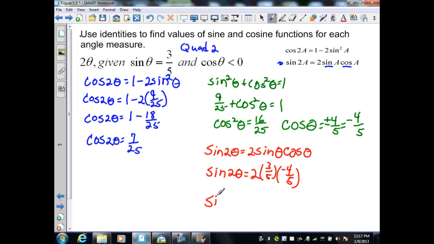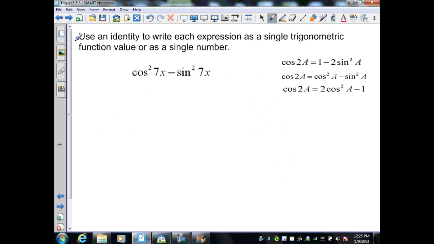And sine 2 theta is equal to 3 times a negative 4 is a negative 12. A negative 12 times 2 is going to give me a negative 24 over 25.